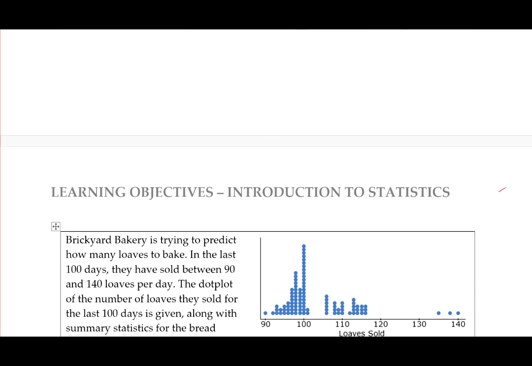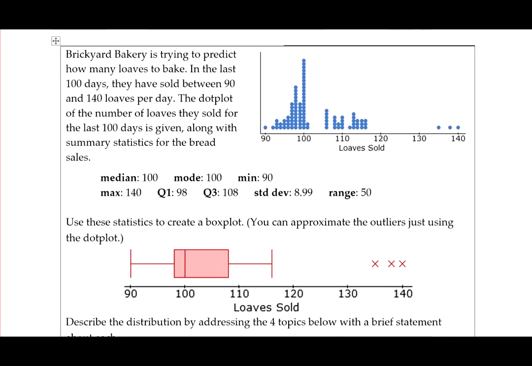The third example says Brickyard Bakery is trying to predict how many loaves to bake. In the last 100 days, they have sold between 90 and 140 loaves per day. The dot plot of the number of loaves they sold for the last 100 days is given, along with the summary statistics for the bread sales. Use these statistics to create a box plot. You can approximate the outliers just using the dot plot.